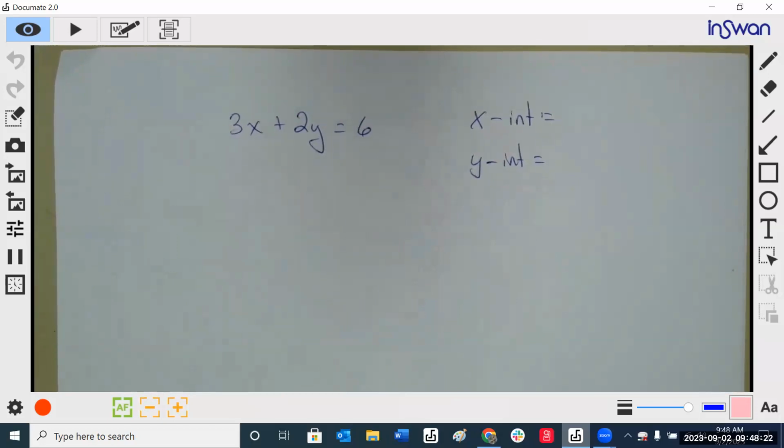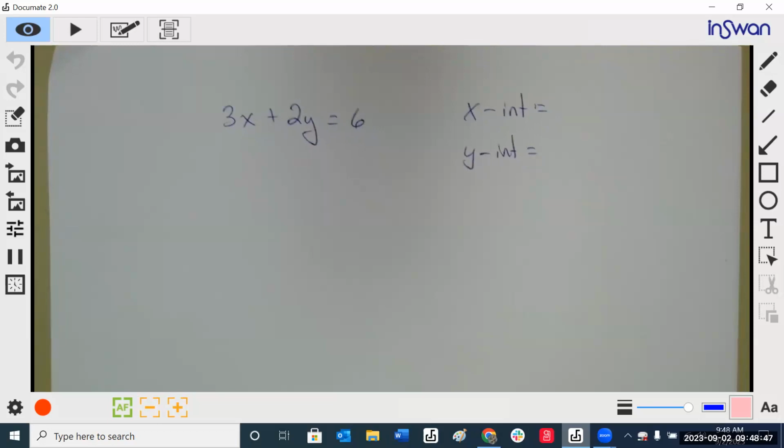Now, if I give you an equation, you can also tell me the intercepts. Think of how we just solved the other ones, what we talked about in the other ones.